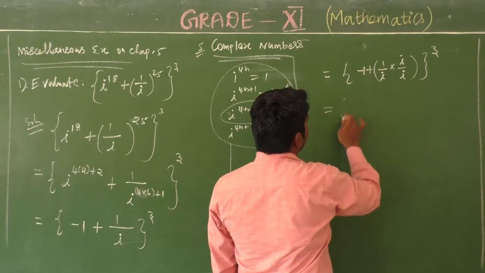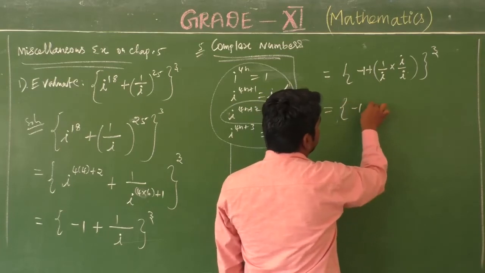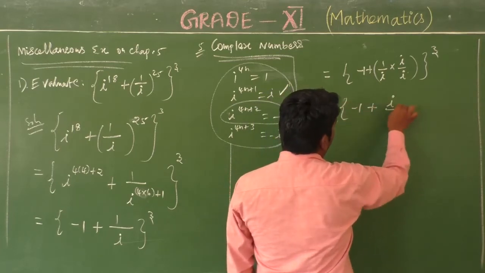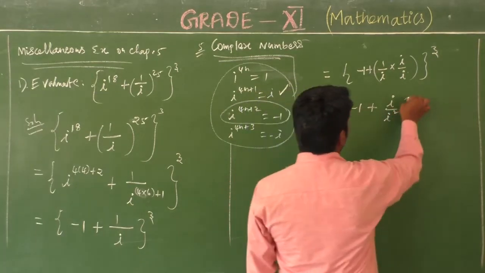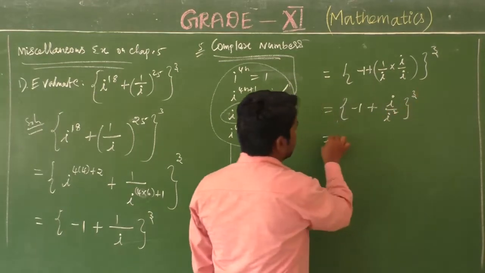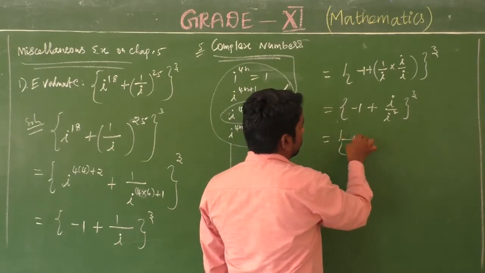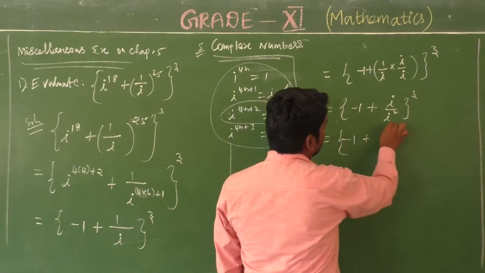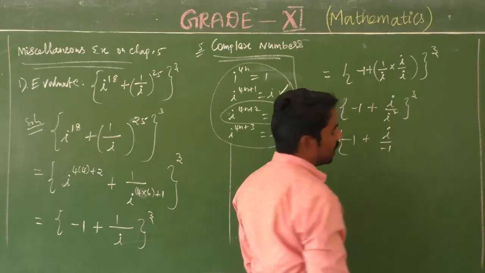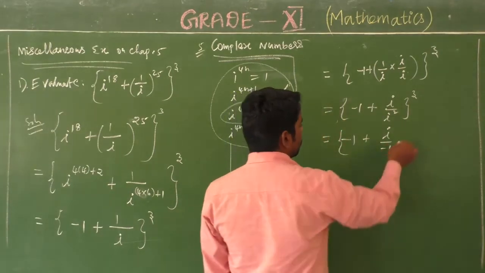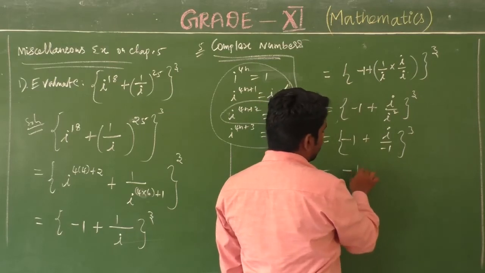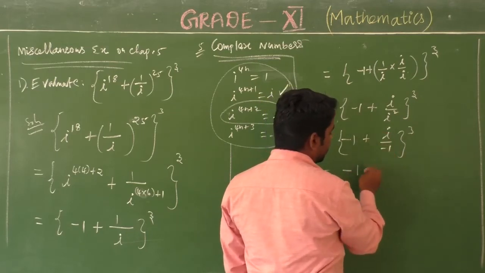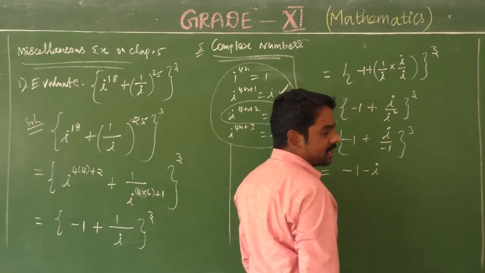So minus 1 plus i by i squared, whole cube, is equal to minus 1 plus i divided by i squared, whose value is minus 1, whole power 3, is equal to minus 1 plus i divided by minus 1, that is minus i, whole power 3.